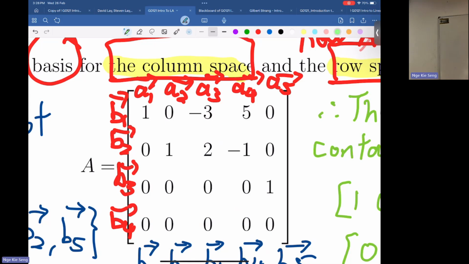Row vectors live in R how many? R5, right? But column vectors live in R4, a different space. Usually column space and row space are different spaces. Any other question?